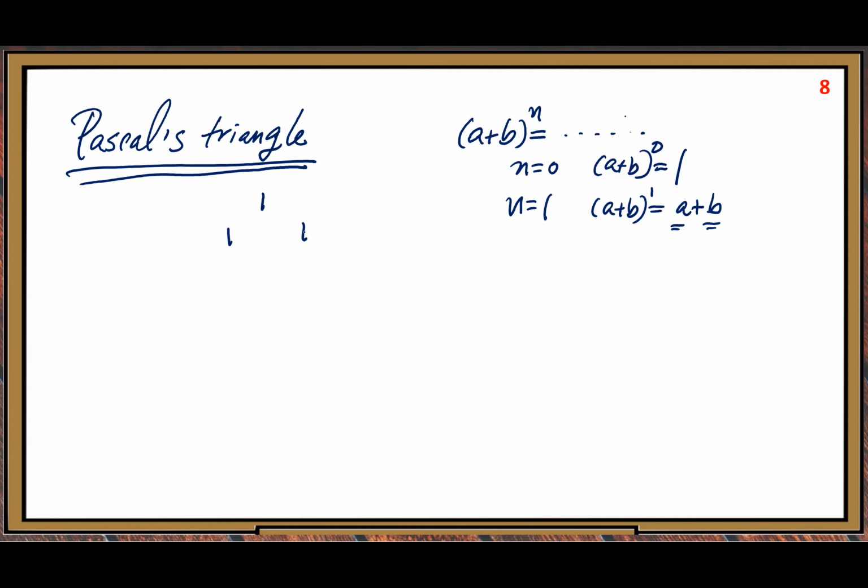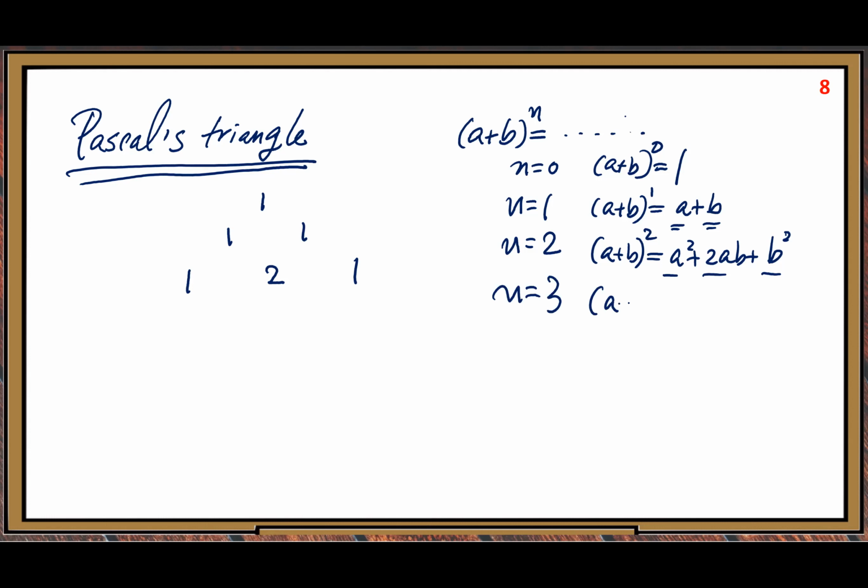For n equals 2, a plus b squared equals a squared plus 2ab plus b squared, right? So we list the coefficients 1, 2, 1 on the next level. So you get a triangle.